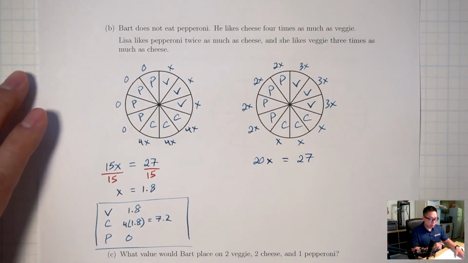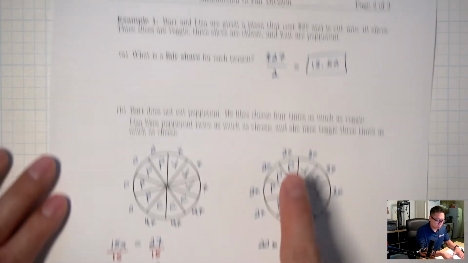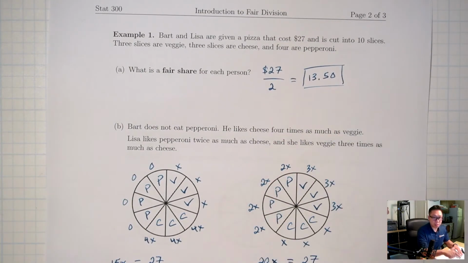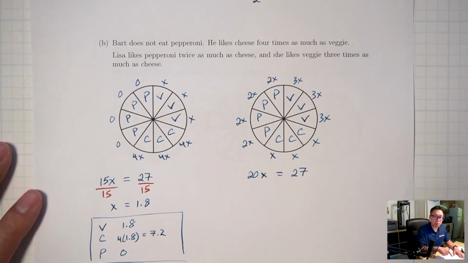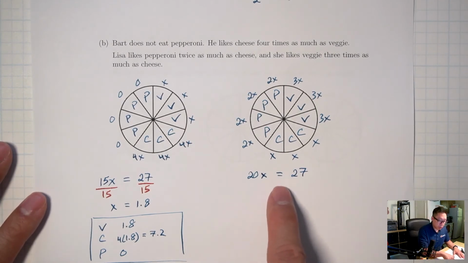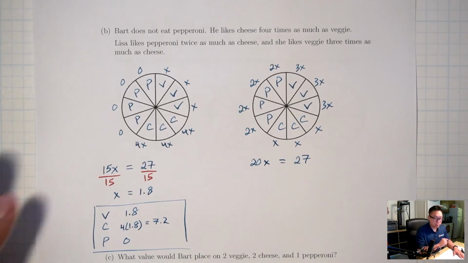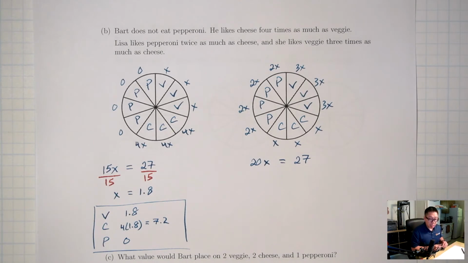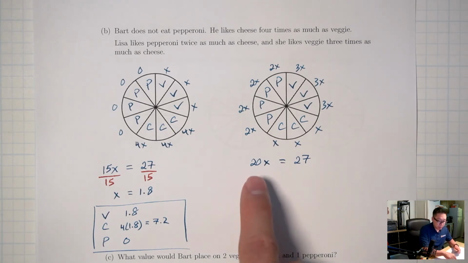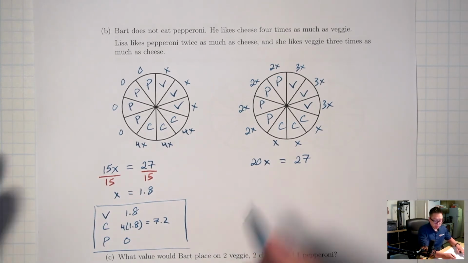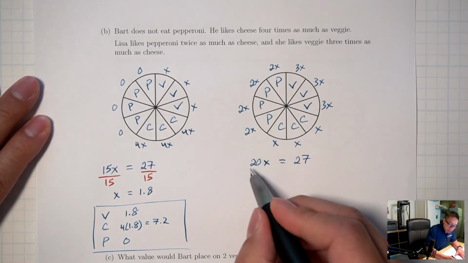Common mistake is for people to choose the 13.5. So it's not 13.5, it's the entire pizza, right? We added up the x around the entire pizza. So I want it to equal the entire pizza, which is 27. And now get the x by itself. To get the x by itself, I need to get rid of this 20. To get rid of the 20, you're going to divide both sides by 20.